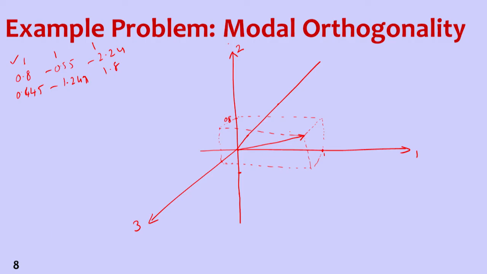Two negatives means it will come on the plane below, in the quadrant below, on the minus 3 line and minus 2 line.